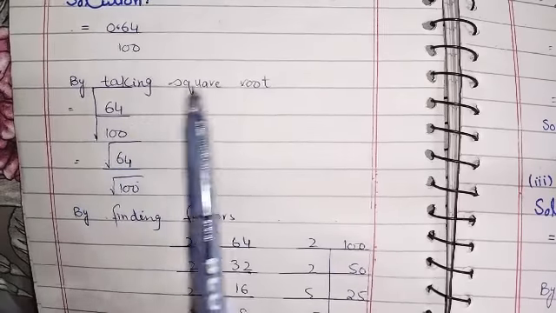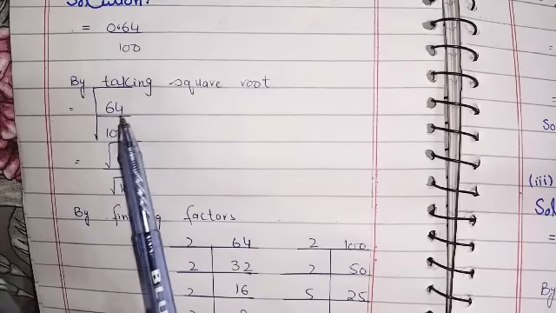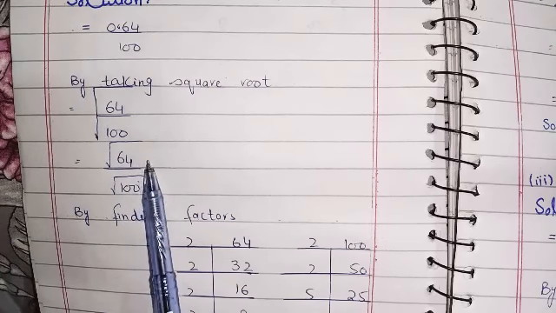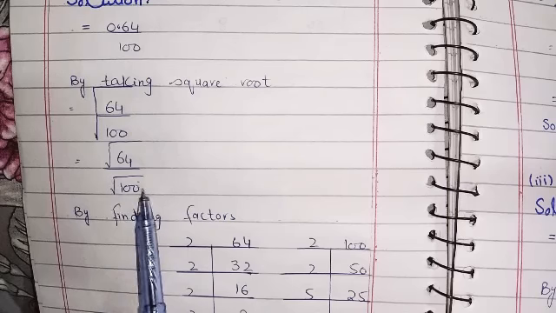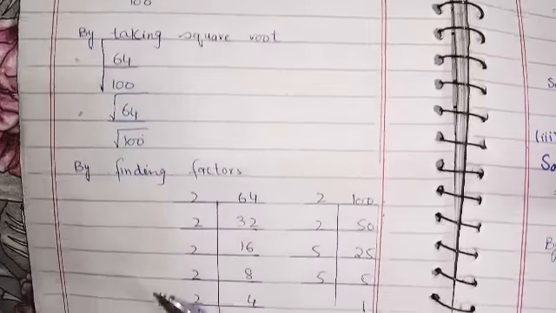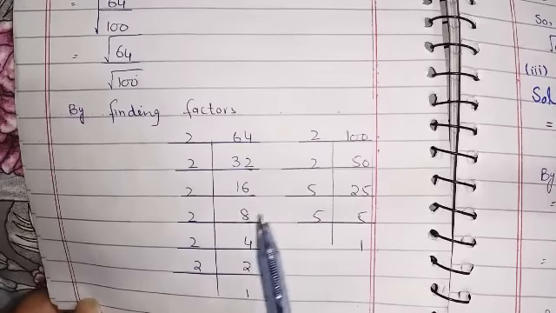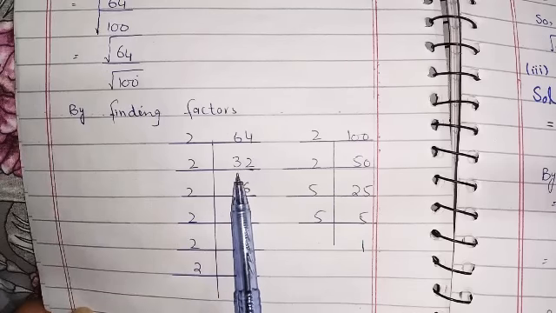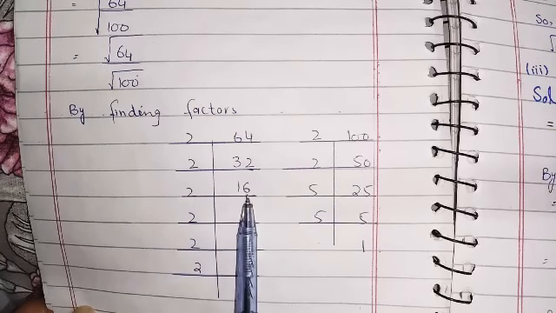Here we will write, by taking the square root of the whole fraction 64 over 100, it means square root of 64 separately over square root of 100. Then we will find the factors of both 64 and 100. Here is the prime factorization of 64. When we divide 64 by 2, we get 32, and when we divide 32 by 2, we get 16.